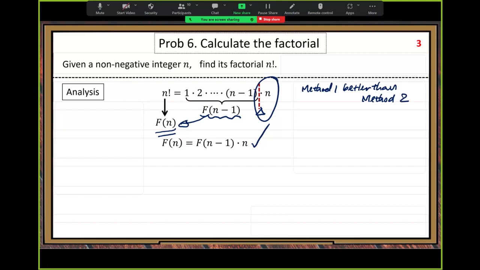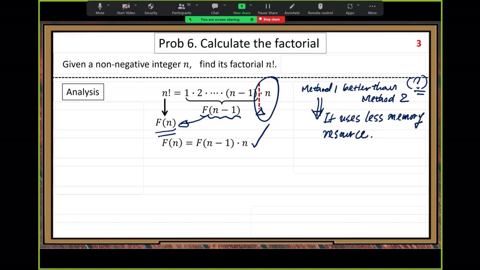Do you know why we say method 1 is better than method 2? I talked about this last time. The reason is method 1 uses less memory resource.